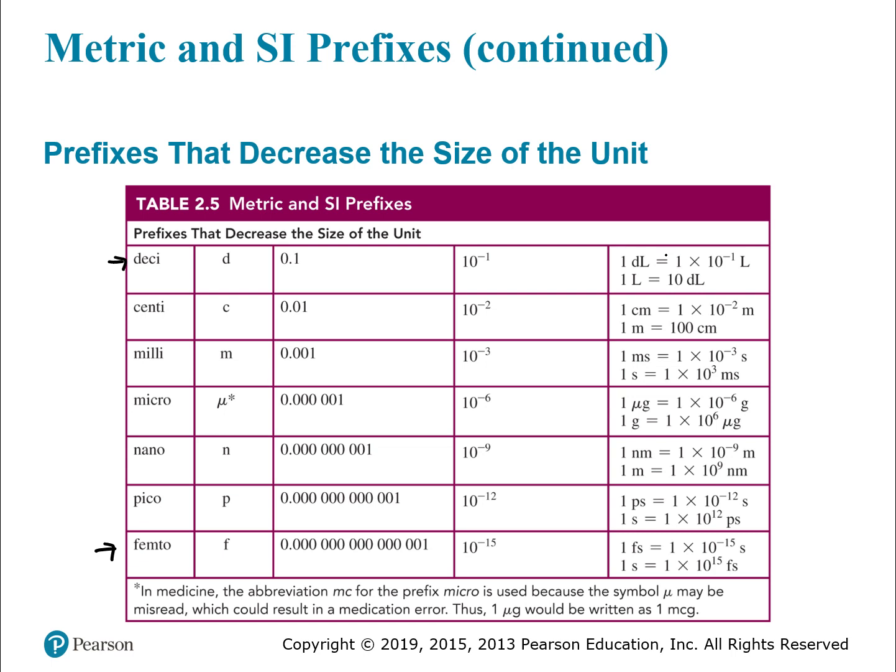When we're talking about decreasing the size of a unit, let's say that you had 1 deciliter. Well, that is just a part of 1 liter. That is 1/10, or 1 times 10 to the minus 1 liters. You can also say that 1 liter is equal to 10 deciliters. These are the equalities.